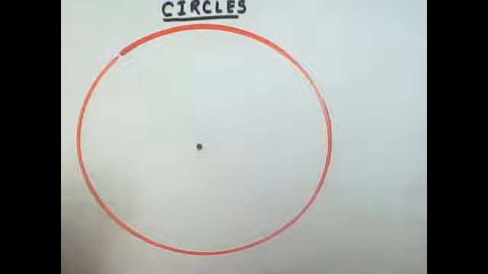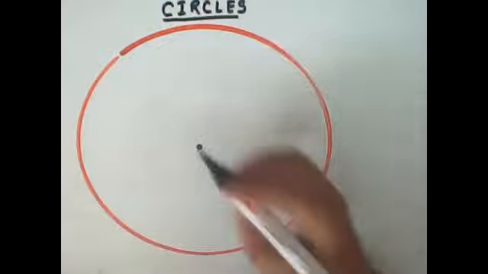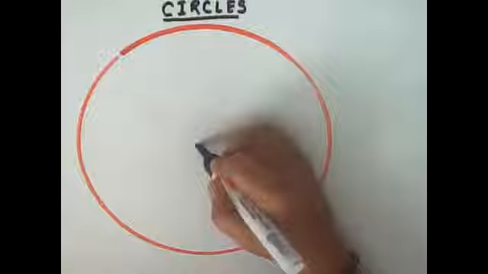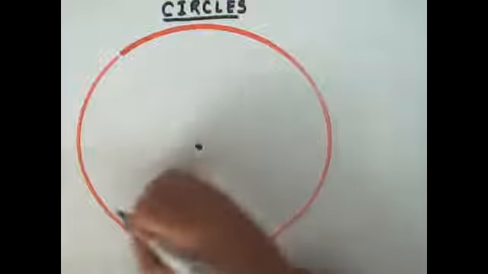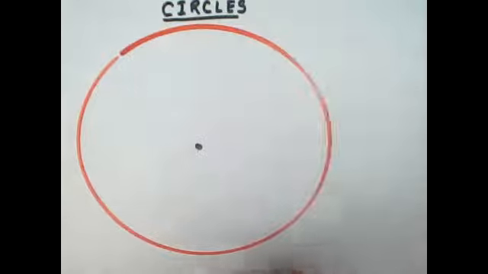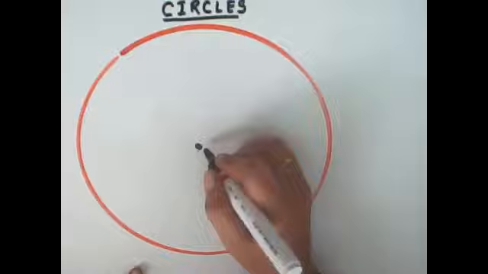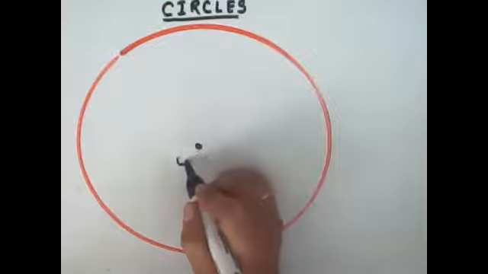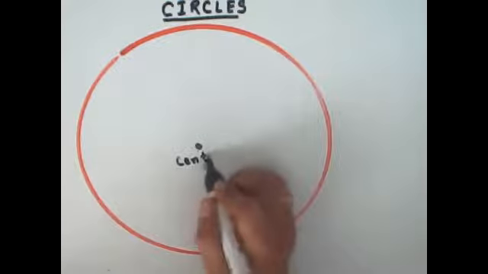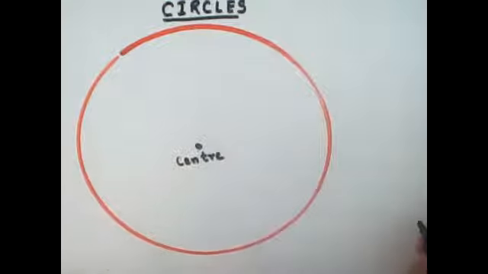Now, the parts of the circle that you have learned in your lower classes, let's have a quick recap of all those terms. The fixed point from which all the remaining points of the circle are at equal distance is called the center of the circle.